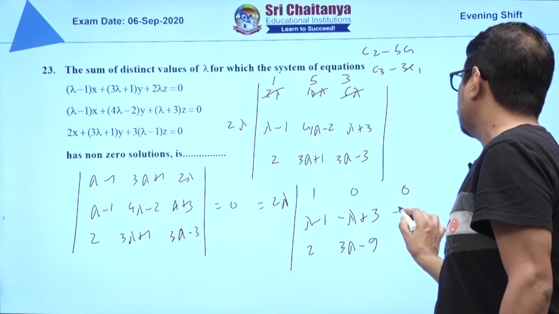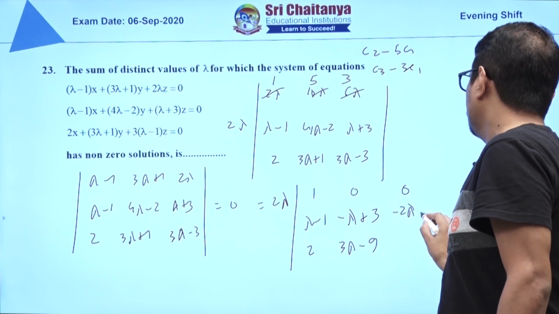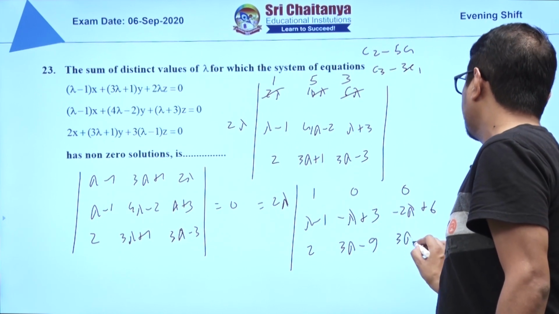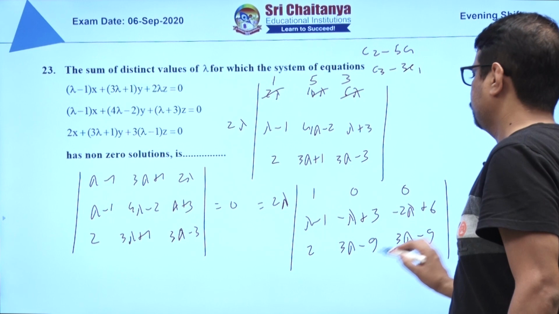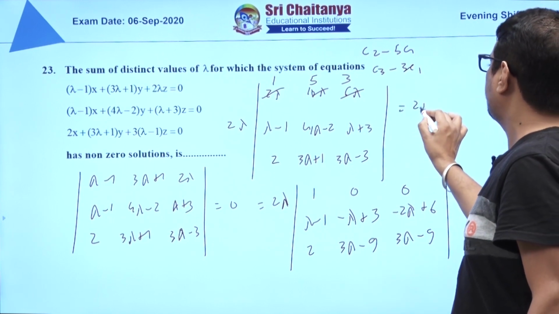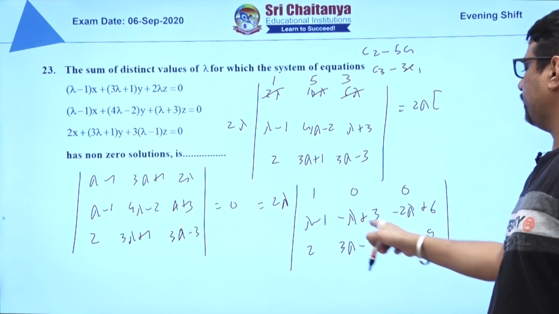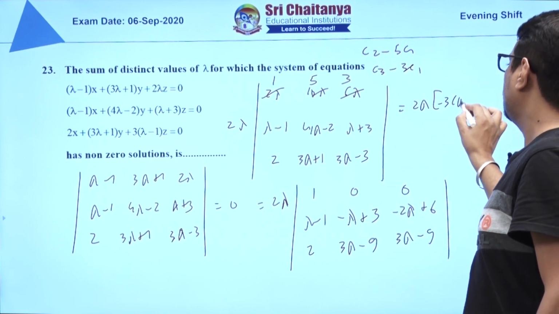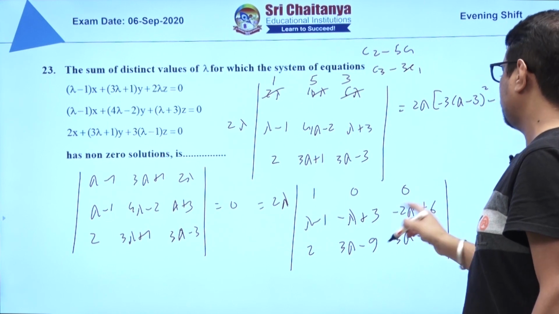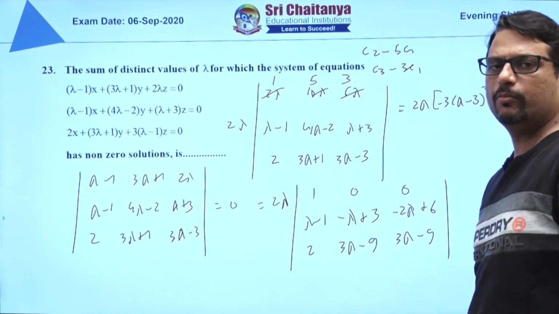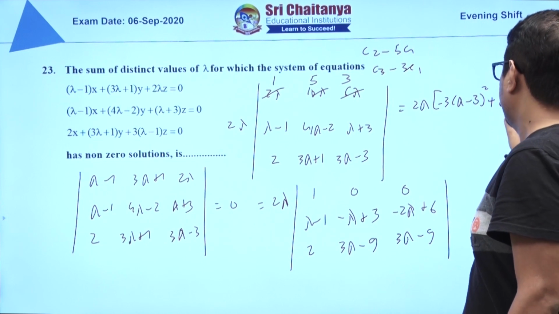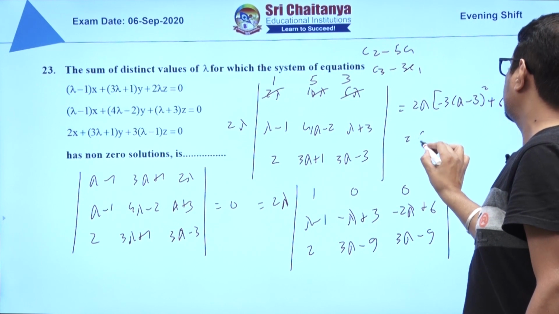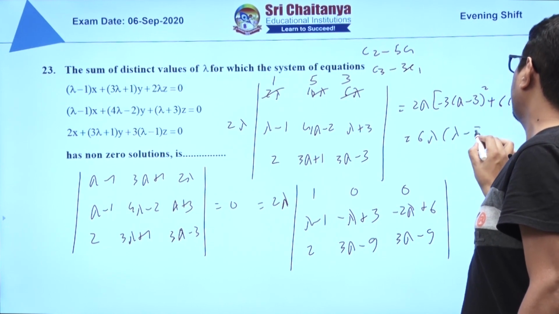This will give you minus 2 lambda plus 6, and this will give us 3 lambda minus 9. Next step, you can write this as 2 lambda times minus 3 from here will come common, and it will become lambda minus 3 whole square. So, minus 3 times lambda minus 3 whole square plus, I am writing 2 common from here, 3 common from here, which will be 6 times, and again lambda minus 3 whole square will come. So, which will give you 6 lambda times lambda minus 3 whole square.